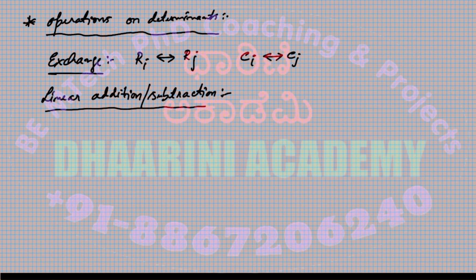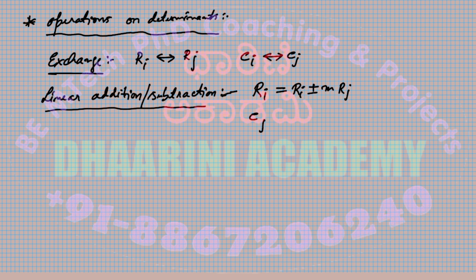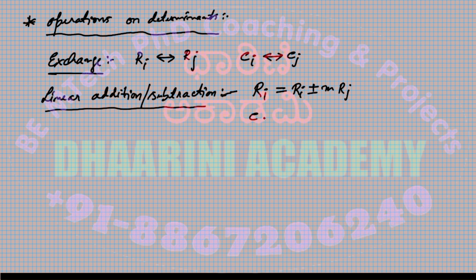Either you can replace Ri with the current Ri plus or minus a constant m times Rj. Similarly, you can perform it for the columns as well. So we can write Ci is equal to the current value plus or minus some constant times Cj.